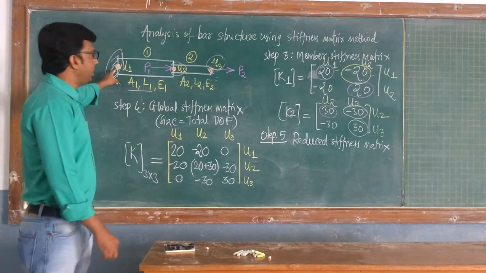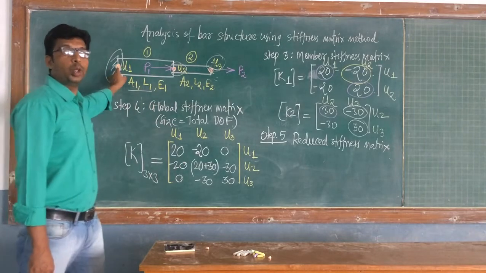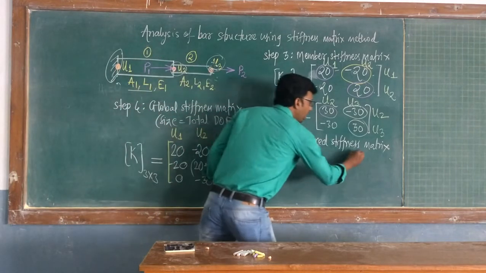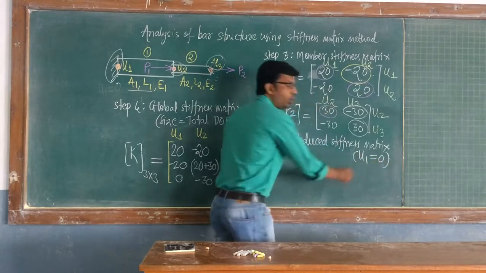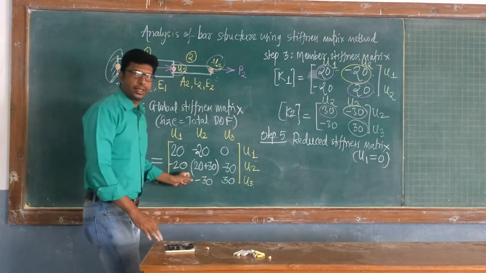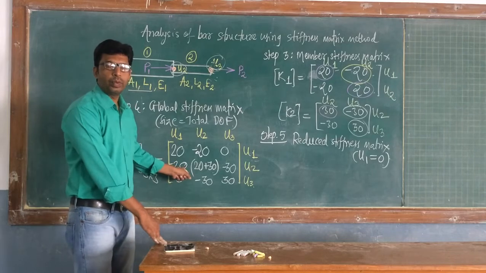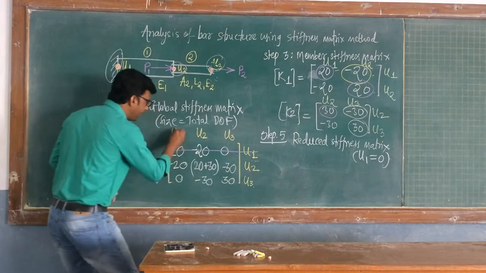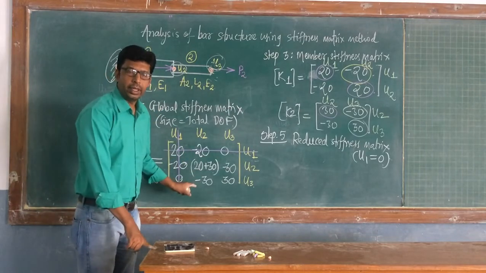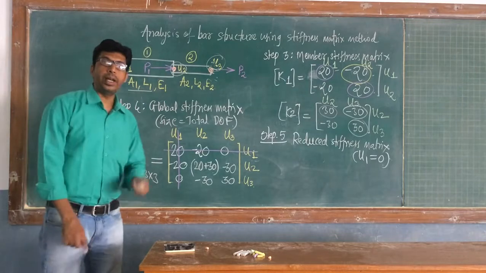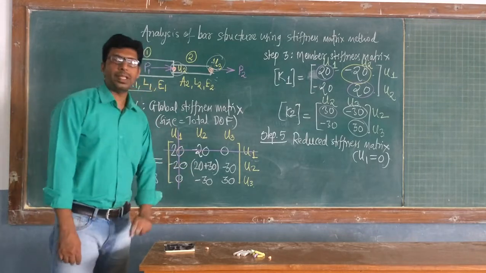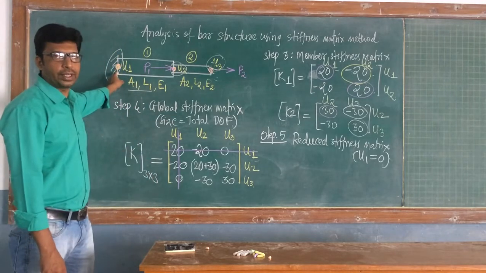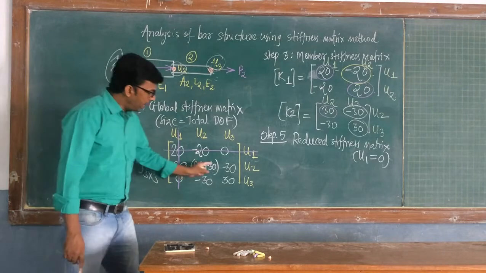But now, since we know that in the boundary condition the left joint number 1 is fixed and U1 equal to 0, if you impose U1 equal to 0 in this matrix, eliminate the row and column corresponding to U1 from the global stiffness matrix, because the left end is fixed.